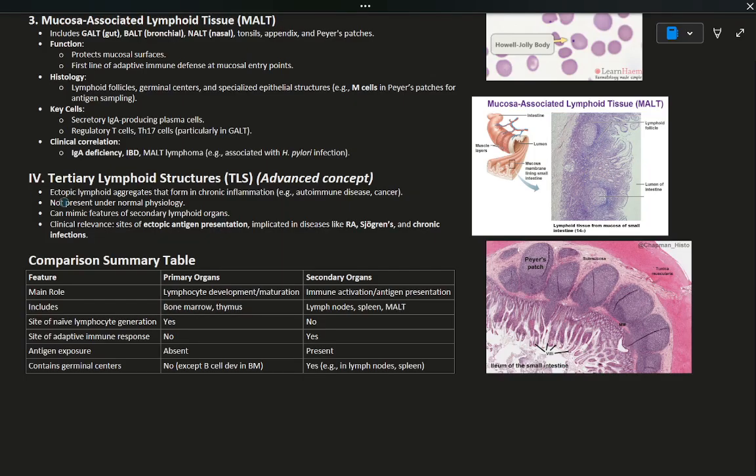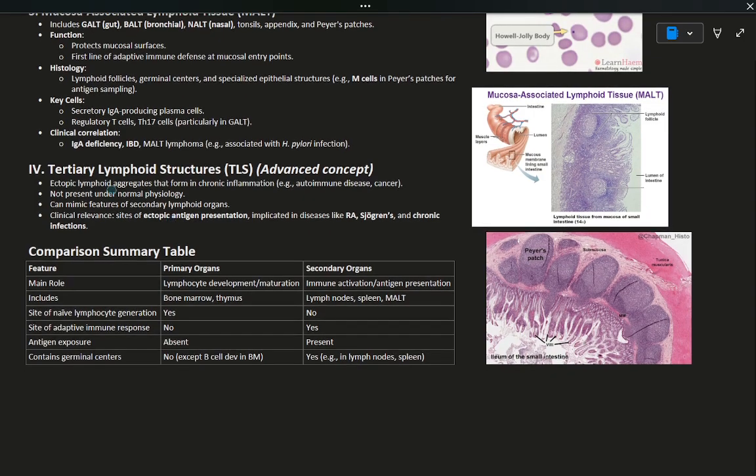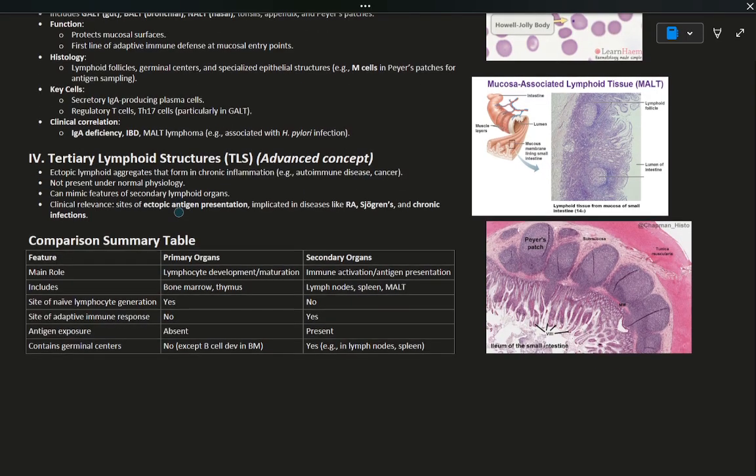And then, to conclude, we have some tertiary lymphoid structures, which are neither primary or secondary. And so, we have ectopic lymphoid aggregates that can form in cases of chronic inflammation, such as autoimmune disease or cancer.